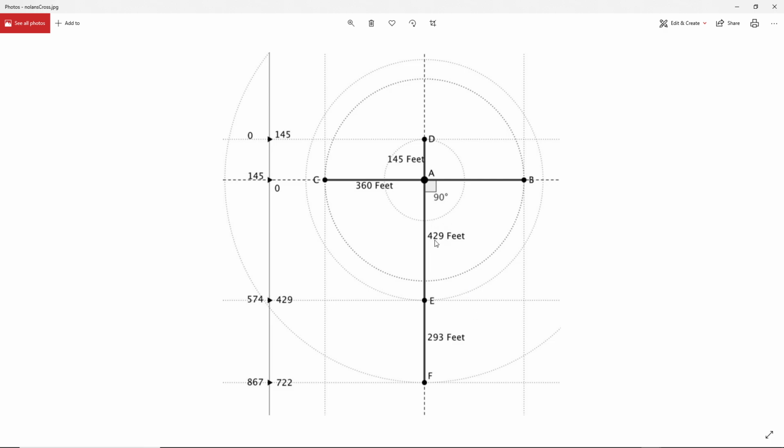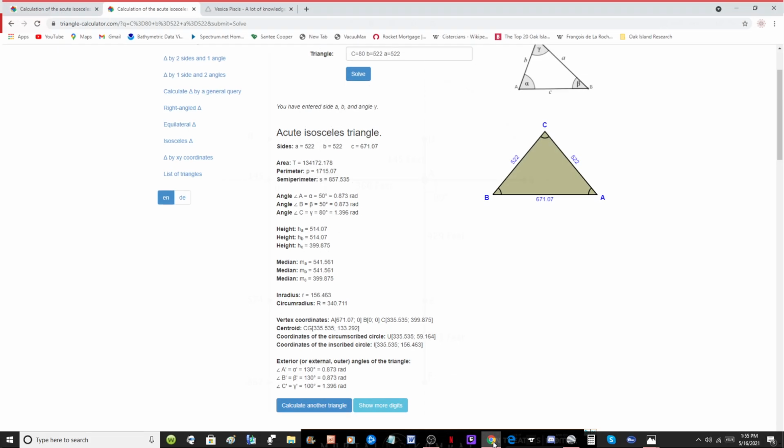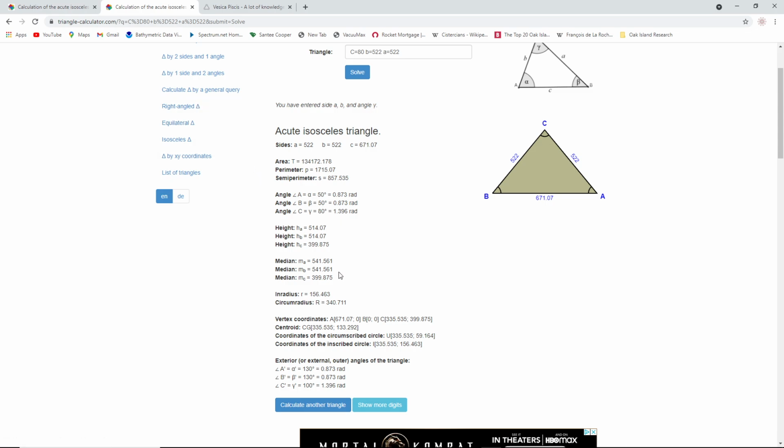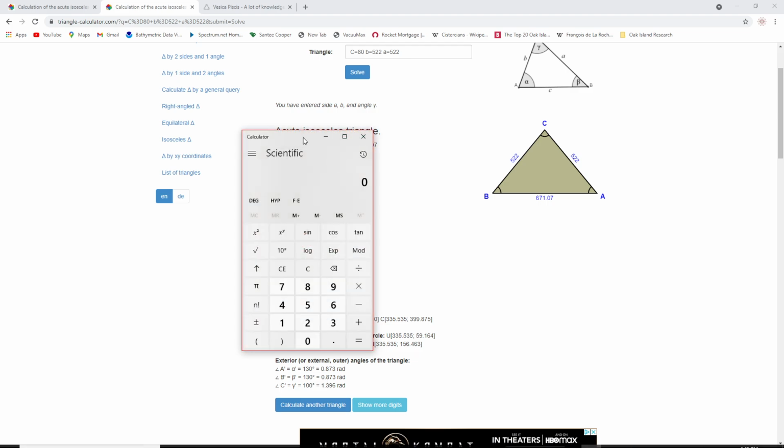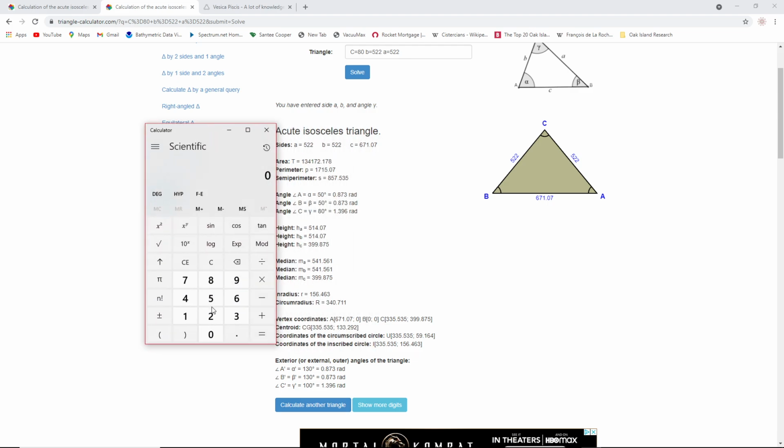But we just calculated this one, and this is 399. So these are the pre-1668 measurements. So let's do this: 1.073 times 399.875. Let's just do that, times 399. Oops. Let's see.